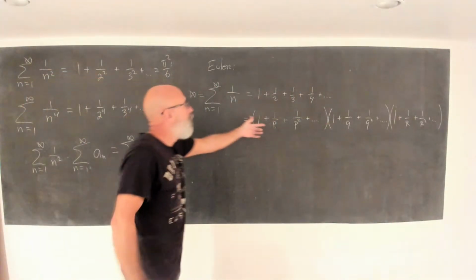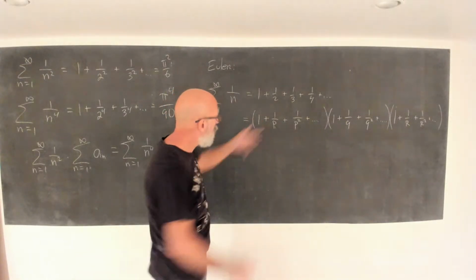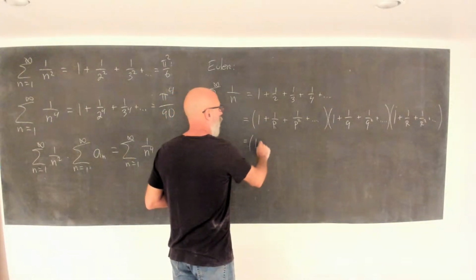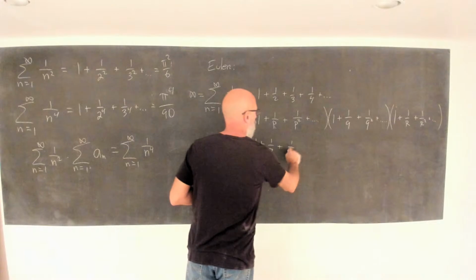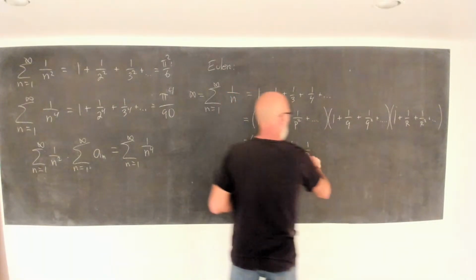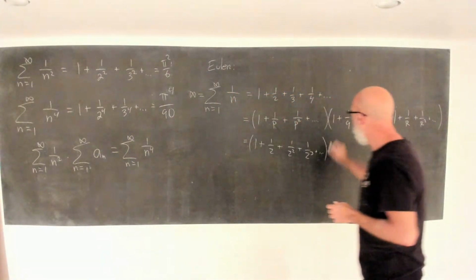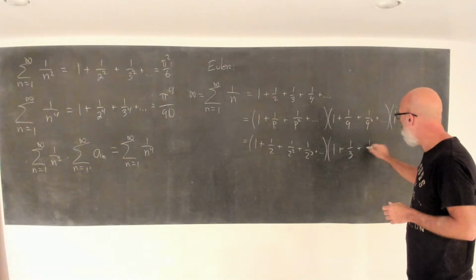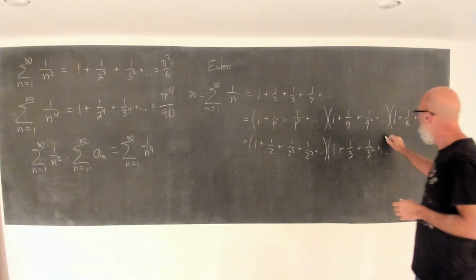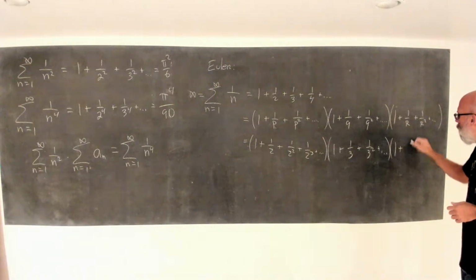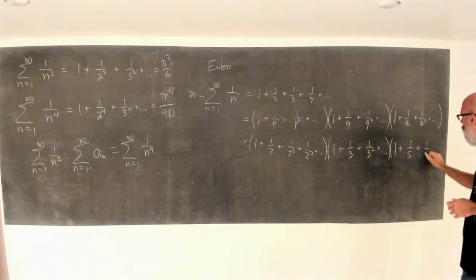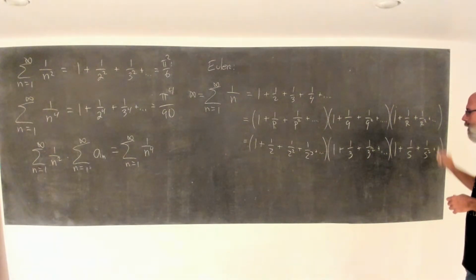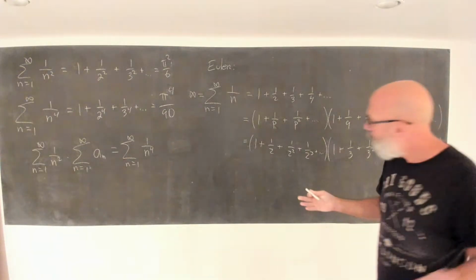Of course, you know the first prime is 2. So this is really 1 plus 1 over 2, 1 over 2 squared, 1 over 2 cubed. And then the next prime is 3, so 1 over 3, 1 over 3 squared. And then the next prime is 5, so 1 over 5, 1 over 5 squared. And so on and so on.